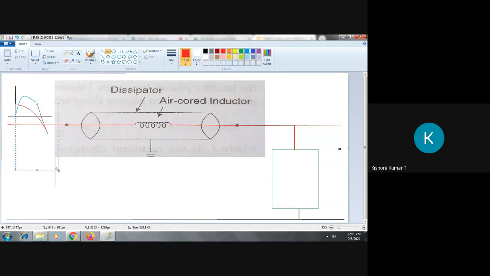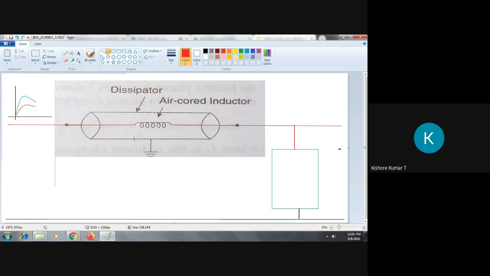Let us imagine. So this red line indicates the withstandable level of voltage at which the line can operate. And this blue curve indicates the rise in potential due to the lightning stroke or some disturbance created in the system. Let us imagine.